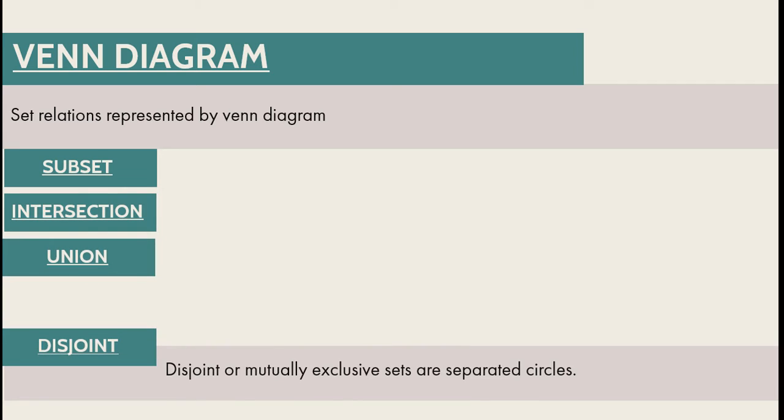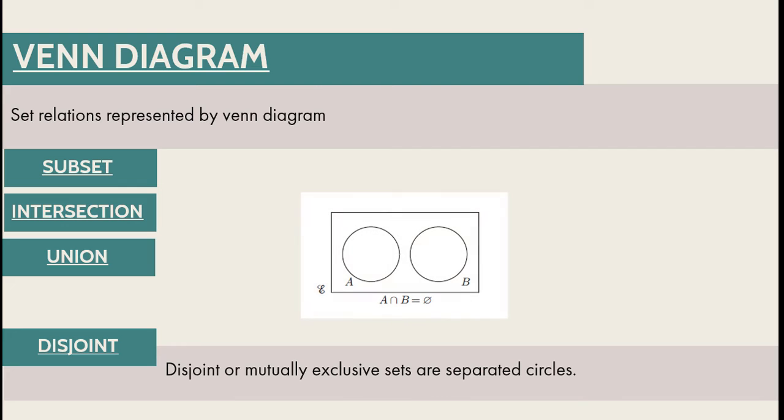And next we come to the disjoint sets. Two sets are said to be disjoint or mutually exclusive if they are separated, if they have no elements in common. So you can see that the sets A and B here are disjoint, or mutually exclusive. They are represented by separate circles, circles that do not have any common area.